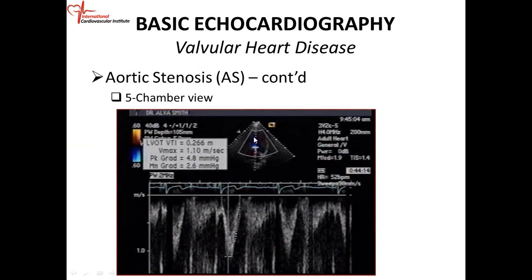So in your 5-chamber view, your cursor is right there, and the point of interest is a little way from the aortic valve. It shouldn't be in the aortic valve. It should be a little distance away. And then you need to get your nice laminar flow in the LVOT, and you're going to trace that to get the LVOT VTI, velocity time integral. You're going to planimeter that. Okay?